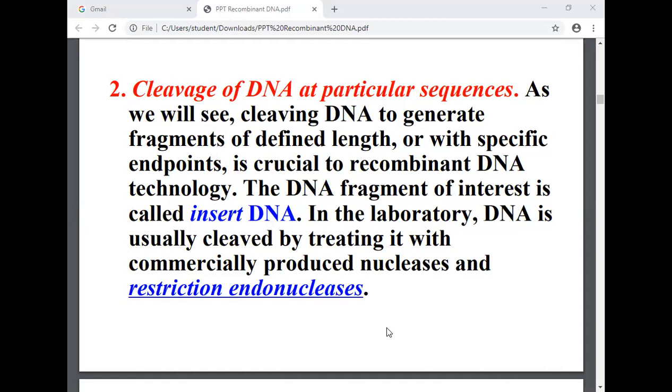So this is an important step where restriction endonuclease plays an important role in specifying the sites where cleavage must take place. That means there must be a sequence of base pairs required for the production of the required protein.